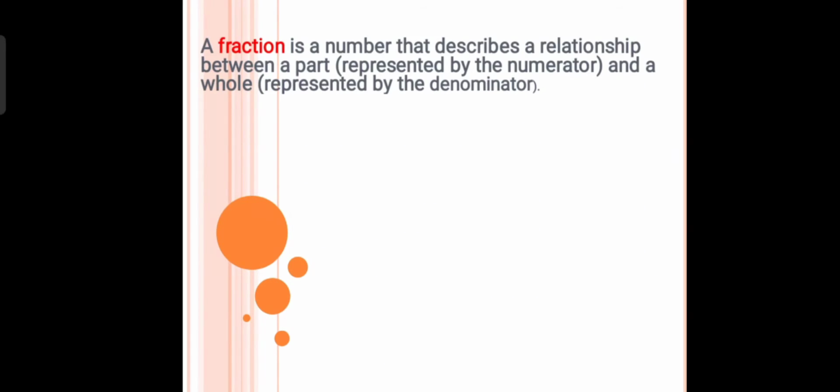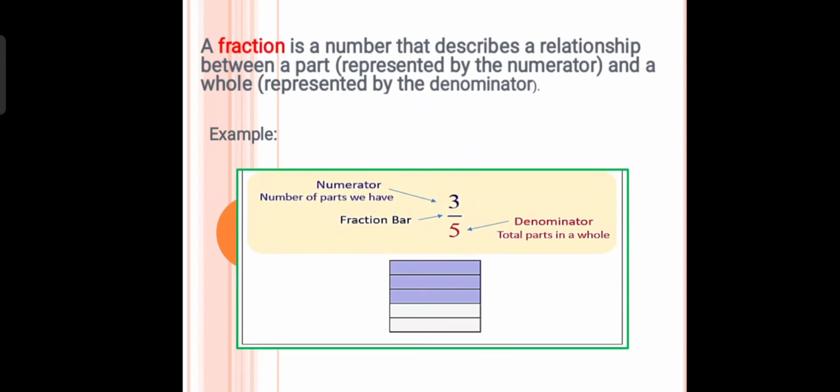A fraction is a number that describes a relationship between a part, which is represented by the numerator, and a whole, which is represented by the denominator. I have here an example, 3/5.